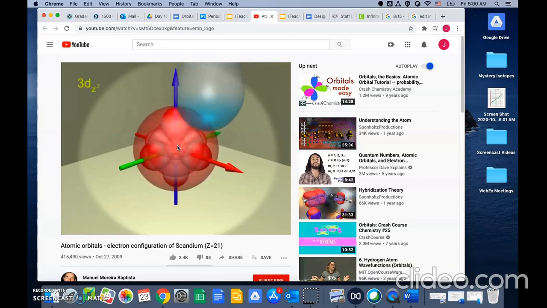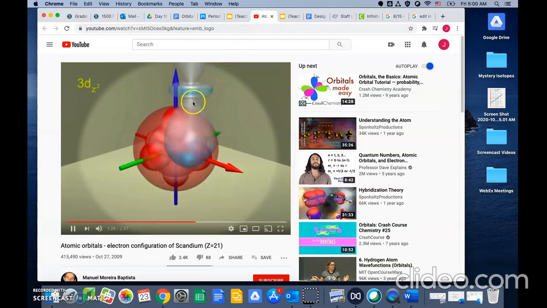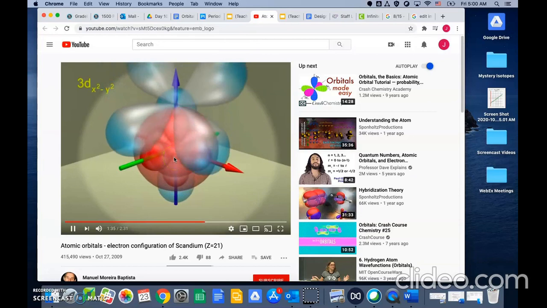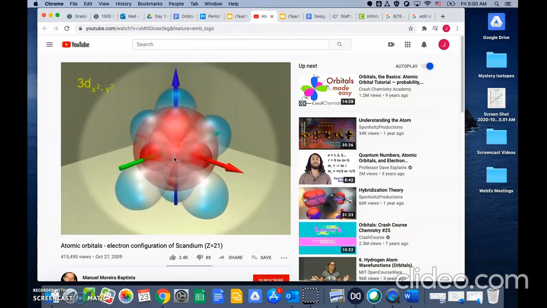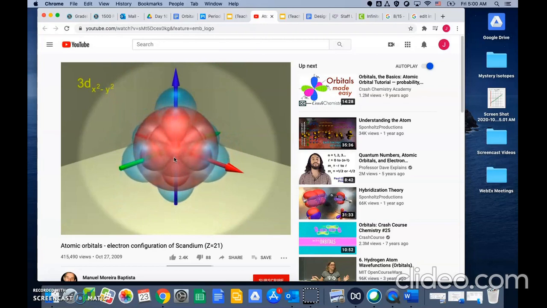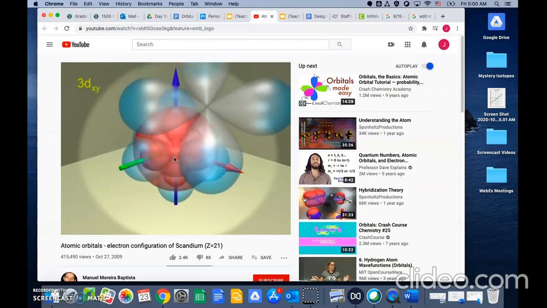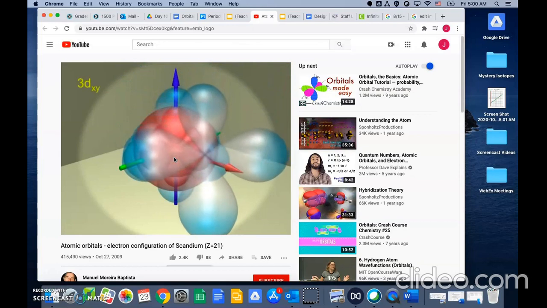After the s orbital start coming the d orbitals. And we're going to see d orbitals have all different shapes. That one looked kind of like a p orbital with a ring around it. That one looks like two p orbitals. This one also kind of looks like two sets of p orbitals.